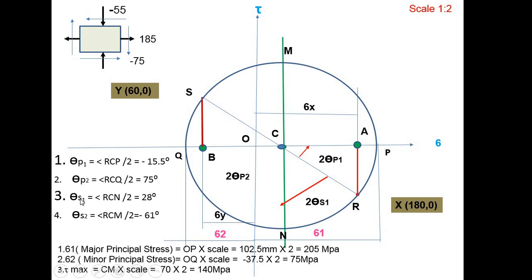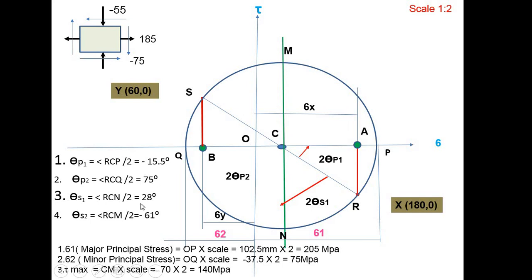Then theta S1, the maximum shear stress plane location. Again we measure from the reference plane, but in a clockwise direction. Angle RCN divided by 2 equals 28 degrees.